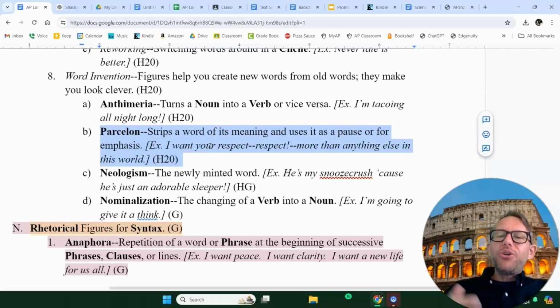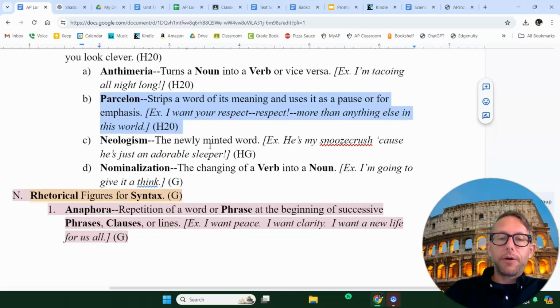So you can see, it gives you that moment to sort of pause and think and contemplate a little bit. It's more about the pause than it is about the actual meaning of that word respect in that case. Of course, you're going to choose one of the more important words in the sentence to do it with. So in that sense, the meaning is, of course, relevant, but it loses its meaning other than just continued thought-provoking for that particular concept.